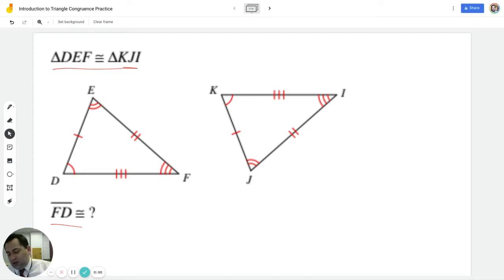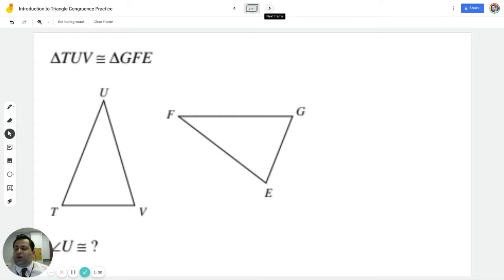So the important thing here is that the order of the letters matters. So if I'm looking at F and D, I know that F is last and D is first. And if I look in the other congruent triangle, I can see that I is last, K is first. So that means FD is congruent to IK. And that is it for the first one.